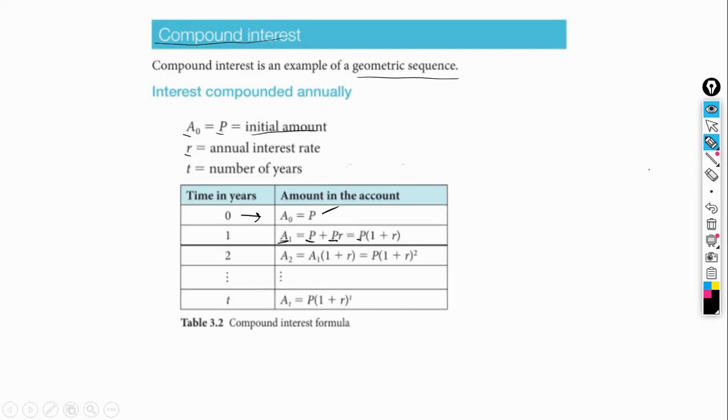The second year, you would get what you got the first year times 1 plus the rate, or the principal times 1 plus the rate squared, and so forth. So notice that you get a general formula where t is time, and after a certain number of years, the money you would get back would be the principal times 1 plus the rate to the power of t, t being time.